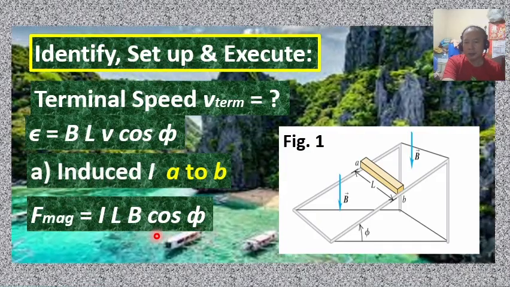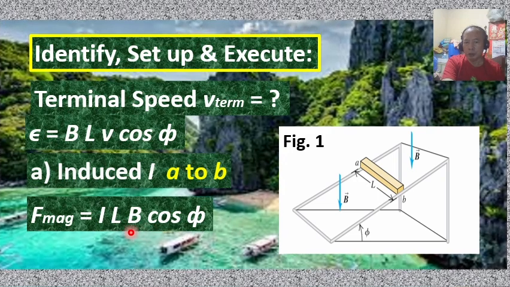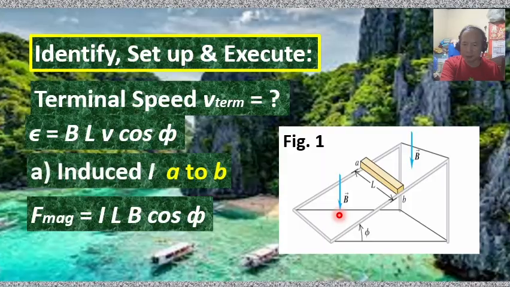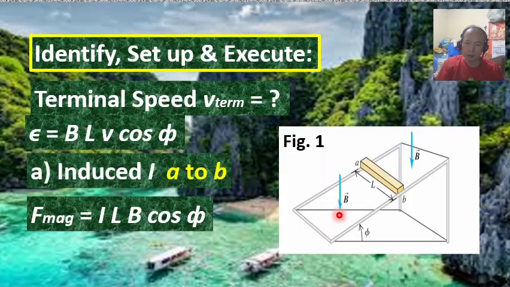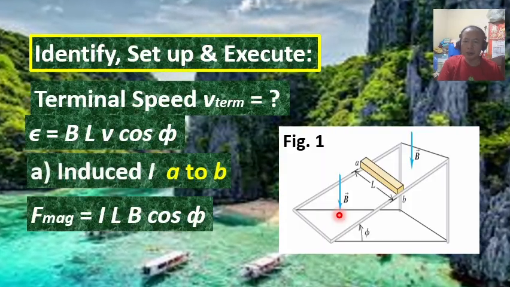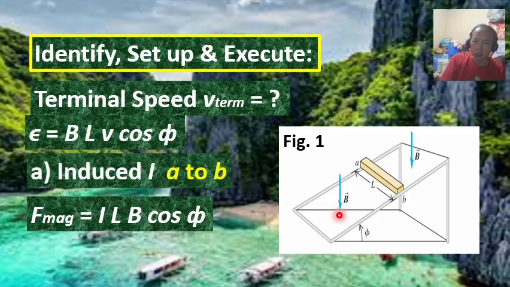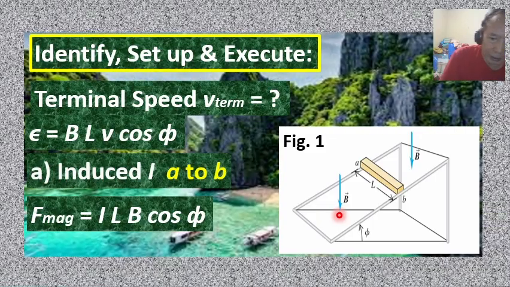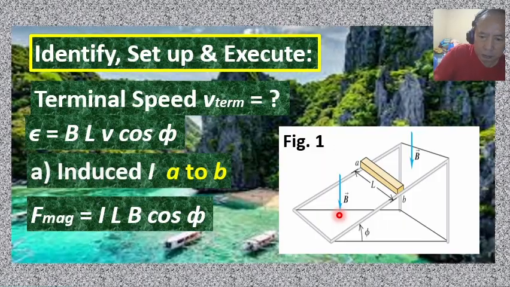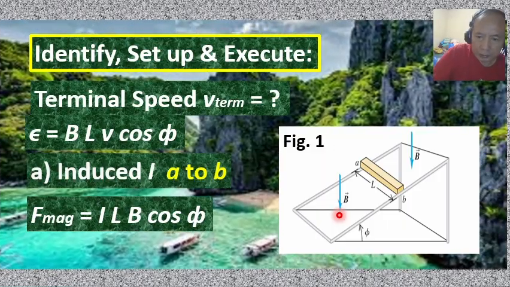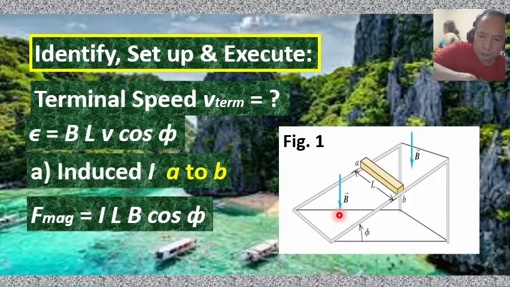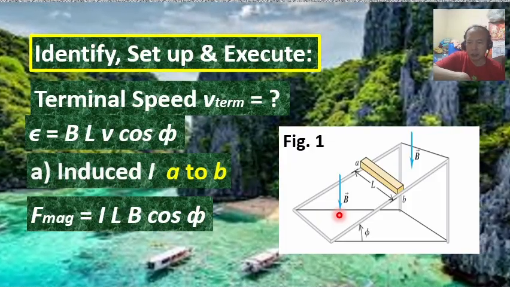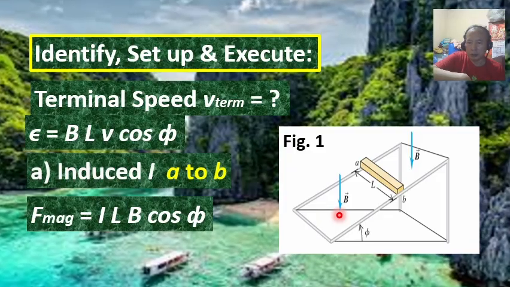Okay, so where is the magnetic force directed? Position your right hand such that your four fingers are directed vertically downwards, while the induced current is from A to B, right?